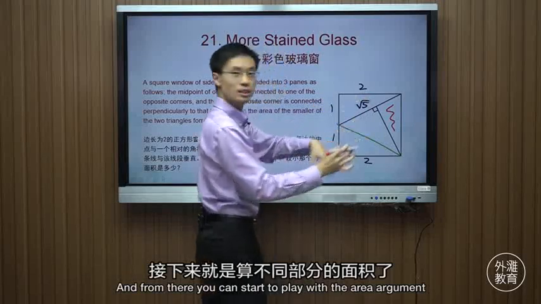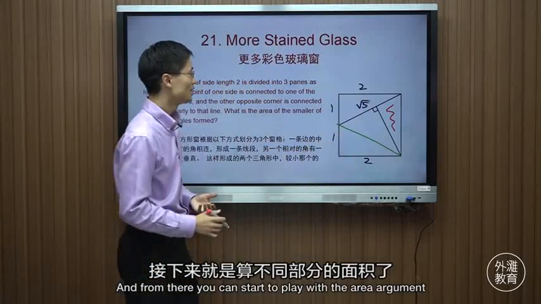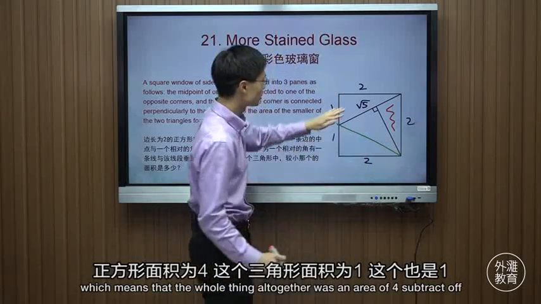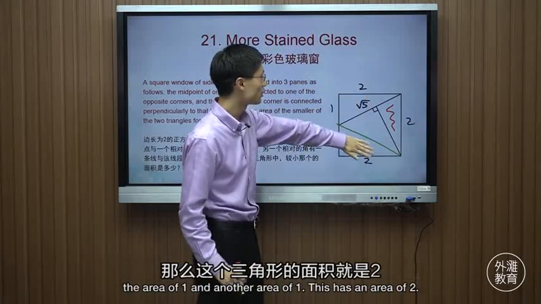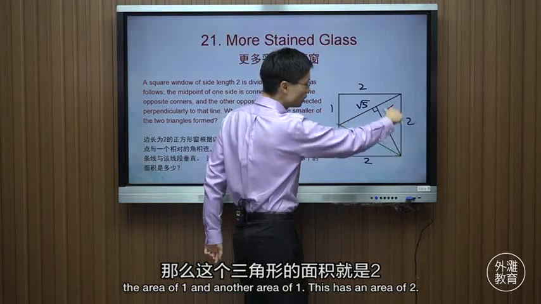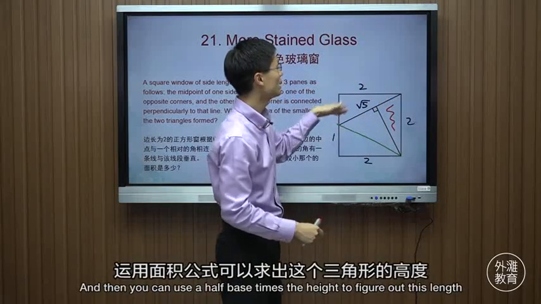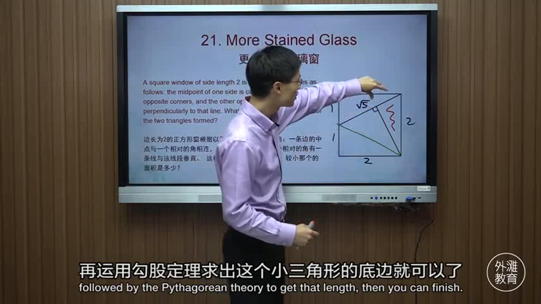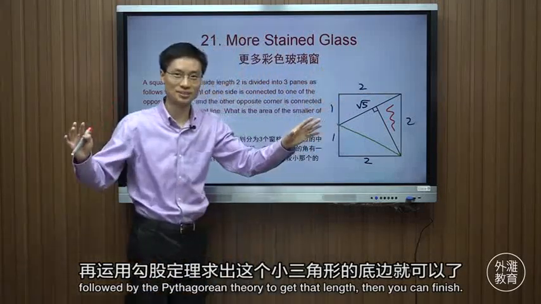And from there, you can start to play with an area argument, which means that the whole thing altogether was an area of 4, subtract off an area of 1, another area of 1. This has an area of 2, and then you can use half base times height to figure out this length, followed by the Pythagorean theorem to get that length, and then you can finish.